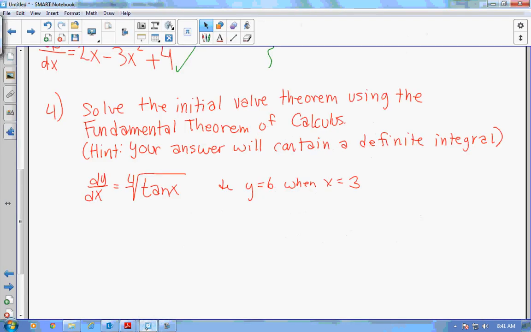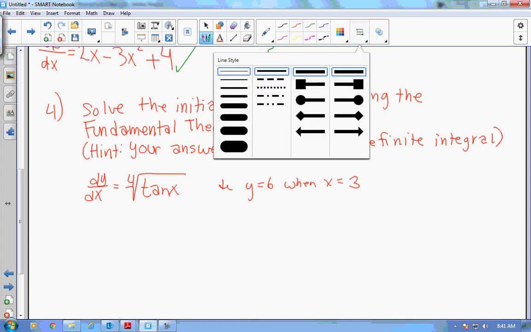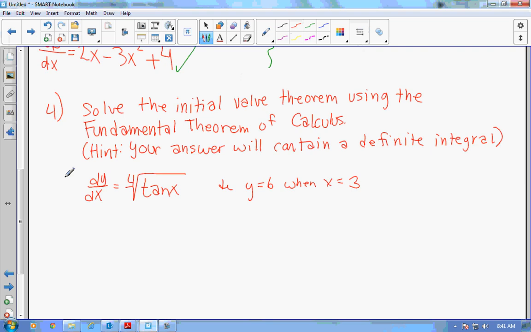So back to our notes. Now remember, your answer is going to have the definite integral. Okay, so we still need to do the same thing we did on the other problems here. Get dy alone.